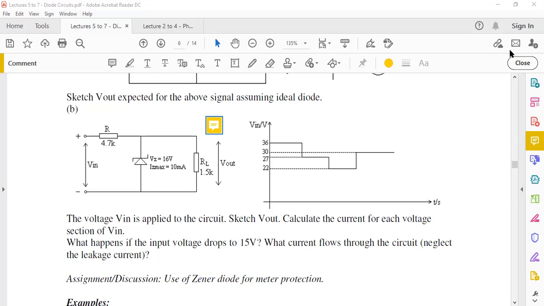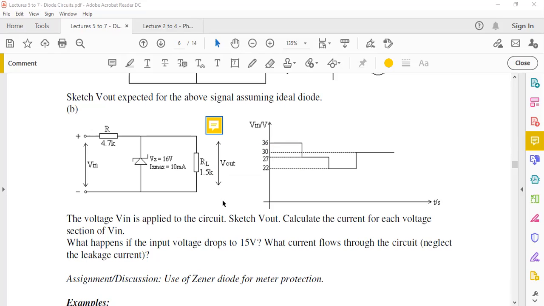Now, if you take 1.5 divided by 6.2, the sum, and then multiply this by 36, you get 8.7 volts. So the maximum voltage you can get across the resistor is 8.7 volts, never going to exceed your breakdown voltage. So it means in this case, your breakdown voltage will never be exceeded, and this circuit will be a simple voltage divider. So it's not very useful in this case.